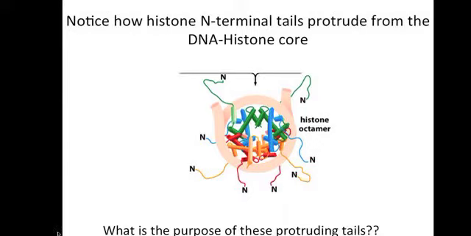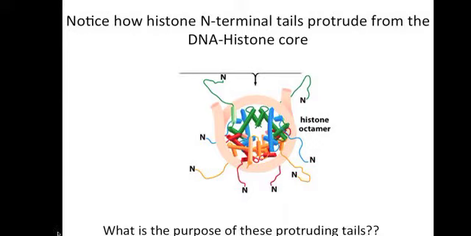Yes? Well, they regulate what's going on. I mean, they can start transcribing a certain gene or wind everything up so that nothing can be transcribed. Right, so they're involved in regulation of chromatin structure and function. They might recruit things to help with transcription happening, like a chromatin remodeling complex, a nucleosome remodeling complex, which will move your histone out of the way and allow access to a promoter.